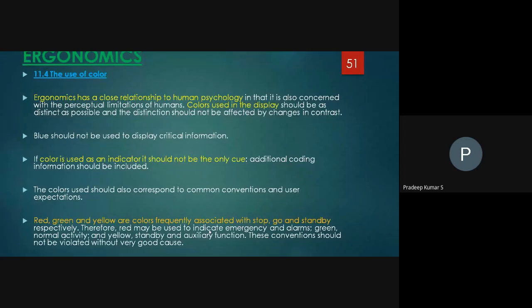Next one, the use of color. I already explained the use of color with traffic analysis. Ergonomics has a close relationship to human physiology, which is concerned with the perception and limitations of the user. Especially in my PPT, which you can note down, I use green, blue, yellow.